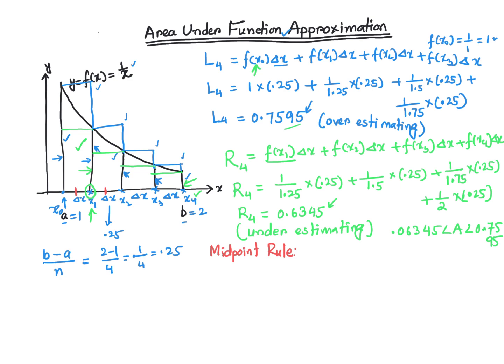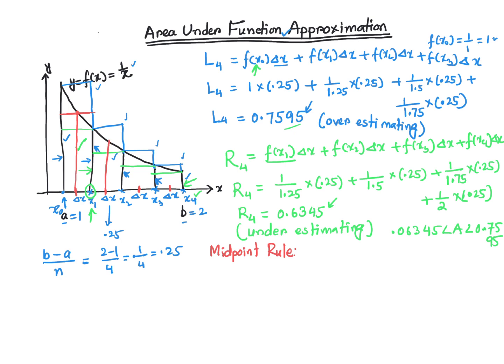So this middle, and this middle. And we will evaluate the value of the function right at the middle. As you can see, that probably would give us a rectangle like this, and that would probably be a better approximation.